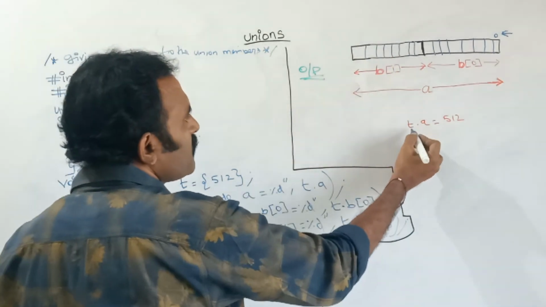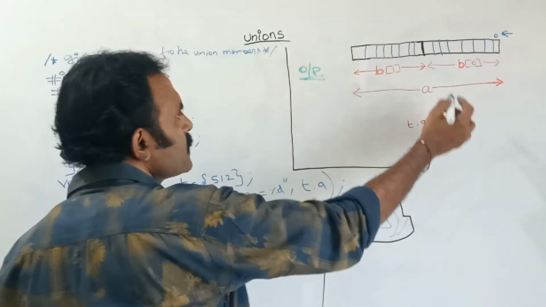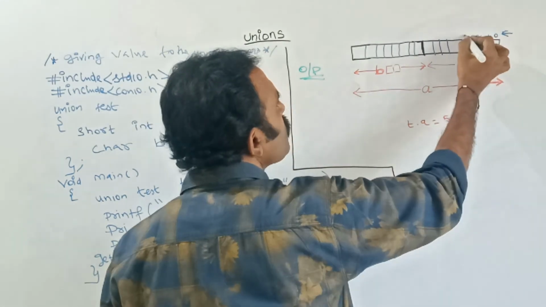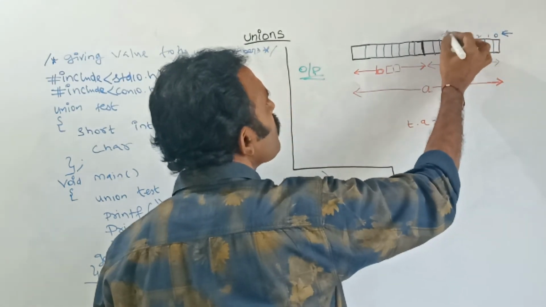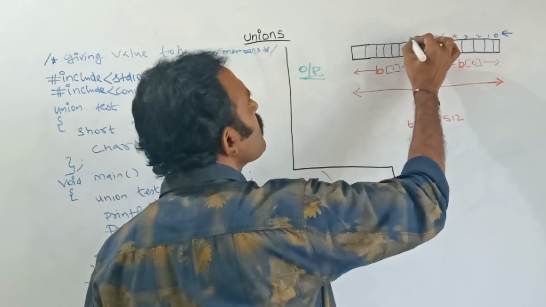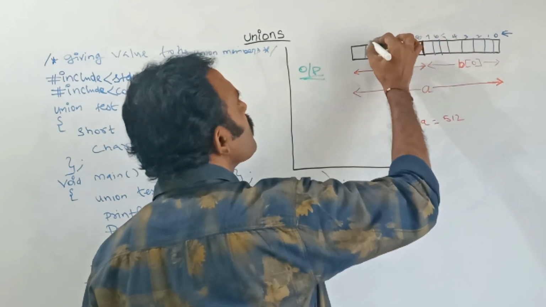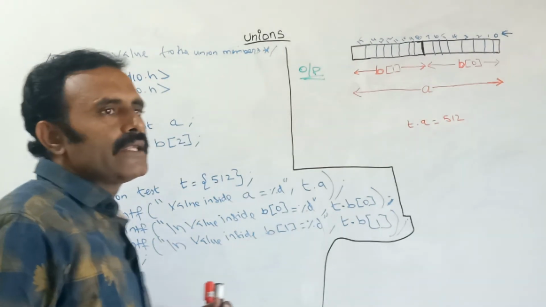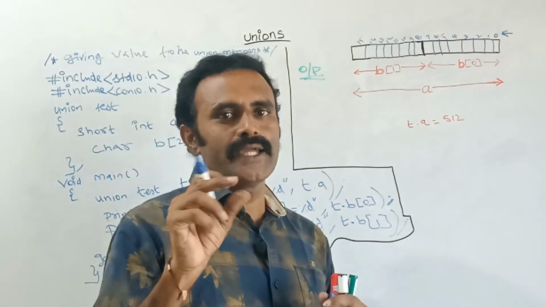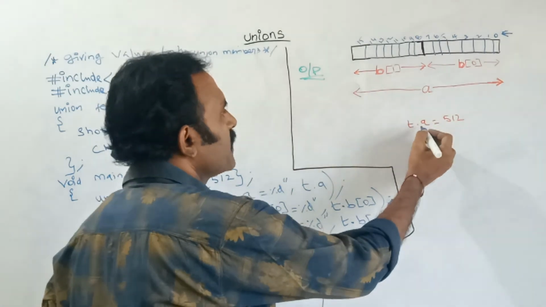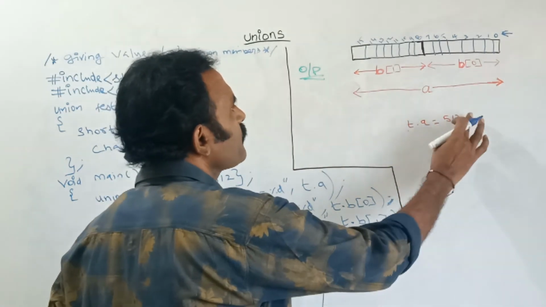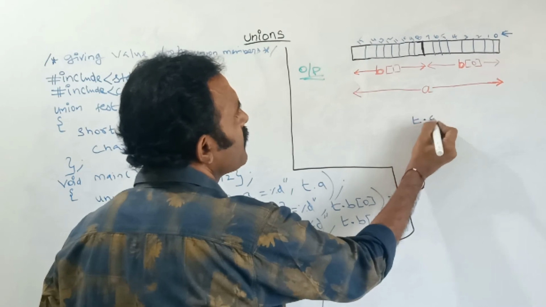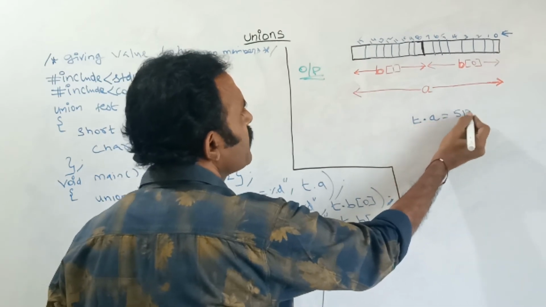See, for A, I am telling this is 2 bytes. So here it starts from 0, 1, 2, 3, up to 15. See, per byte it contains how many bits? 8 bits. So for this A, let us assume T.A is equal to 512.